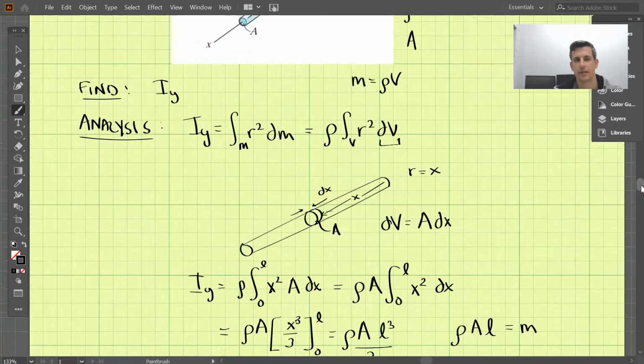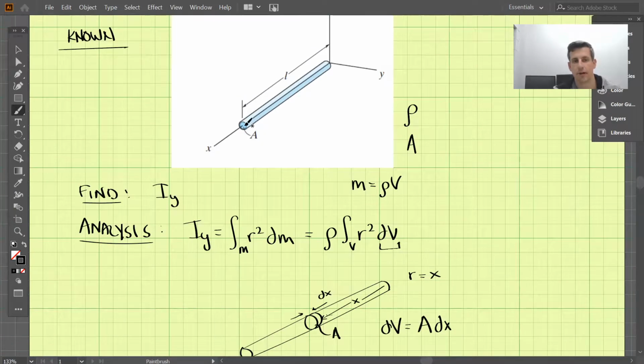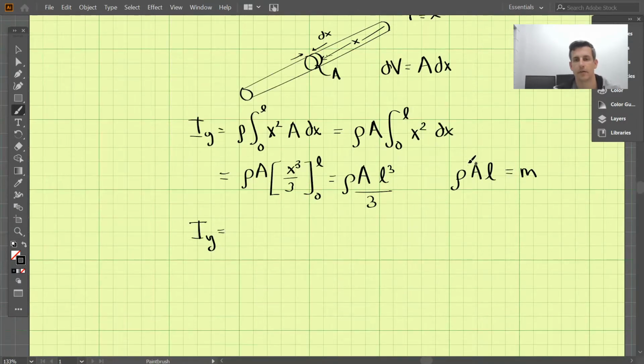The density times the cross-sectional area times the length, because the area times the length is the volume, and the density times the volume equals the mass. So we're going to pull out rho A L from this equation, and then we just have L squared over 3.